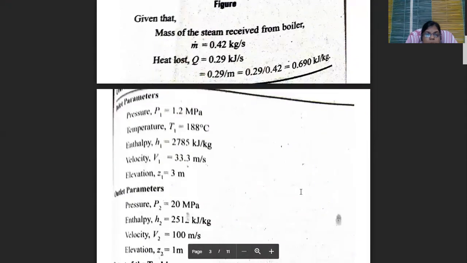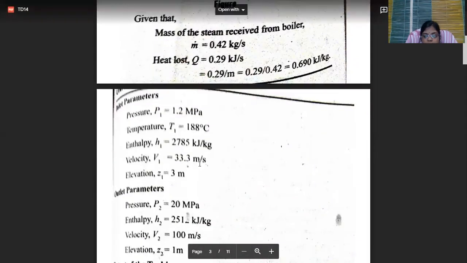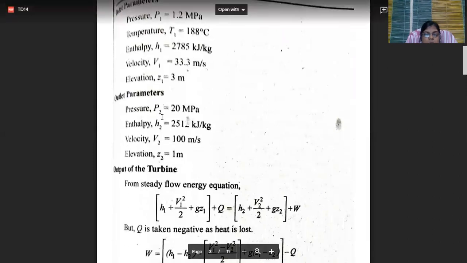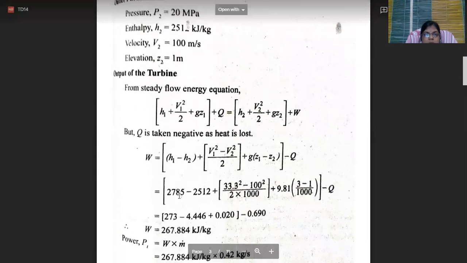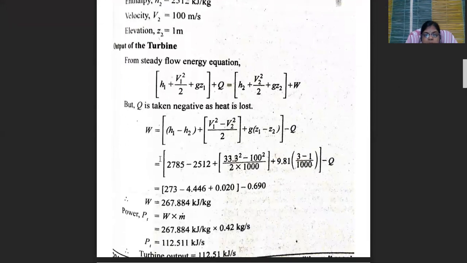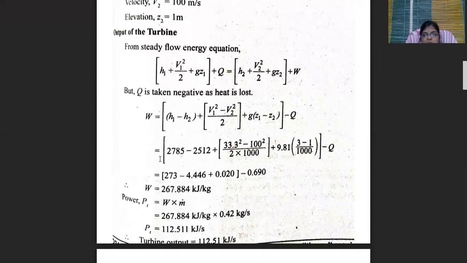So take the parameters of inlet of turbine and outlet of turbine, and take the steady flow energy equation and put all the values here. Here he asked power. Power is nothing but work done into mass.